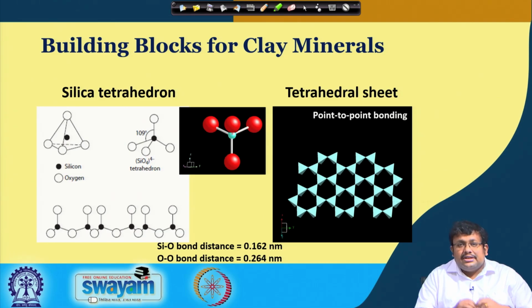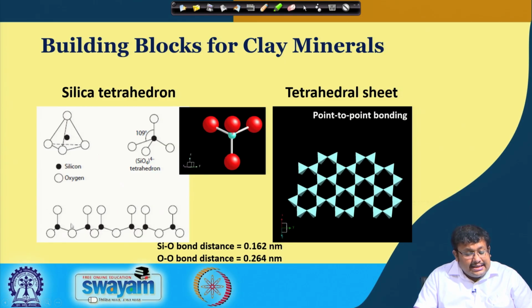So, let us start the discussion with the first building block of soil, that is silica tetrahedra. Now, in the silica tetrahedron, you can see the silicon cation is surrounded by 4 oxygen anions and the internal angle is 109 degrees.